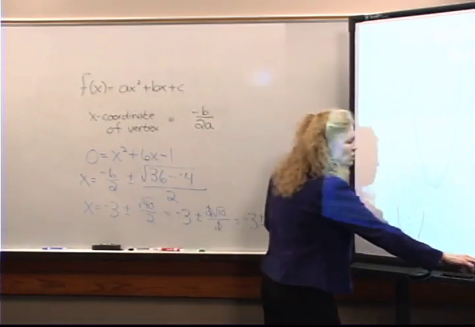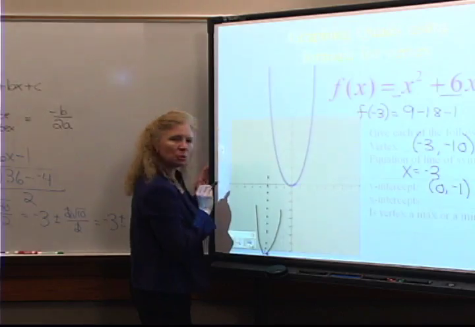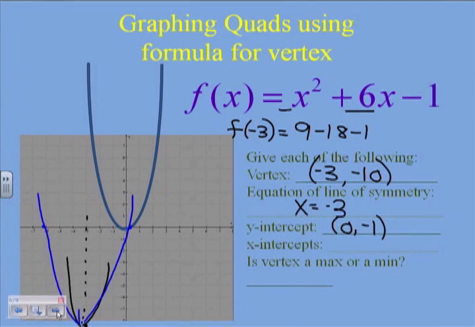So essentially, I go a little bit more than 3 to the right, a little bit more than 3 to the left, and that's where this guy, now remember, he's down there a little bit farther, is going to cross the x-axis. They're definitely symmetrical with that line of symmetry, and it just comes together so nicely.